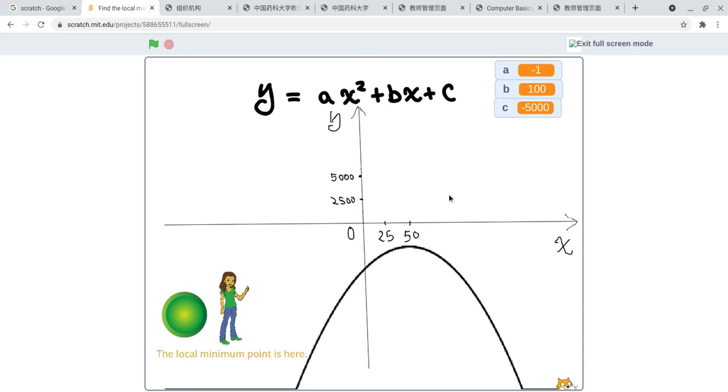To try some functions, you may choose different a, b, c. I have some suggestions for you. For a, you could try both negative and positive values. For c, you might choose a large number because the unit for y is already large.